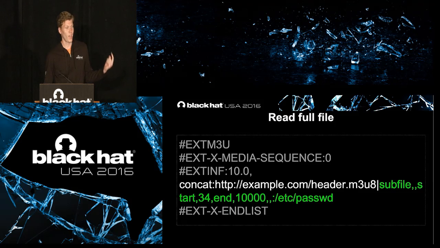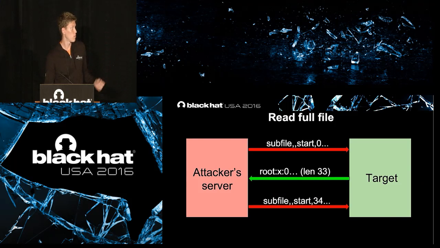We can return another M3U8 playlist like this one, but not for reading the second line, but the third line, and so on. And in this way, we can recursively download the whole file. Something like this: we read the first line, get the first line and its length, and then respond with an M3U8 playlist to read the second line, and so on.